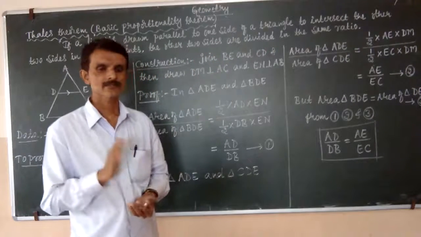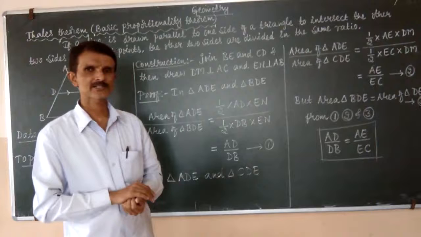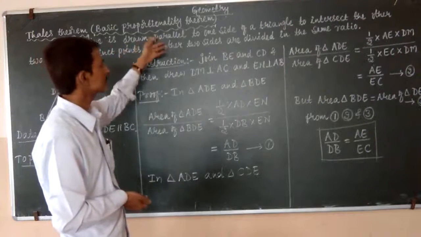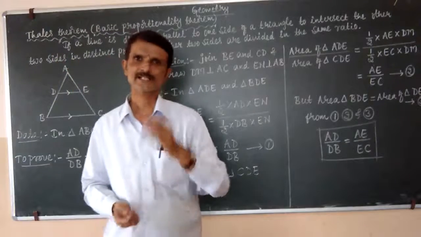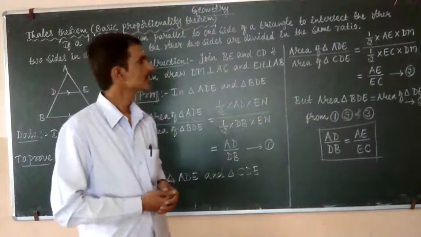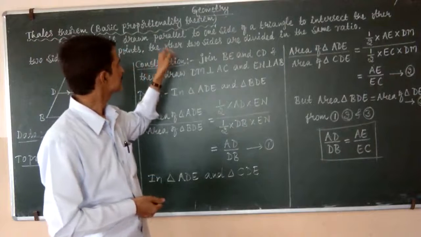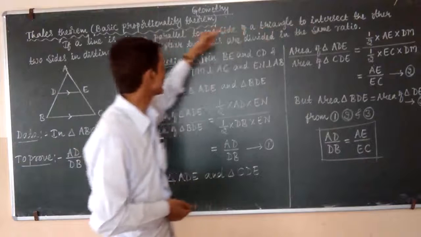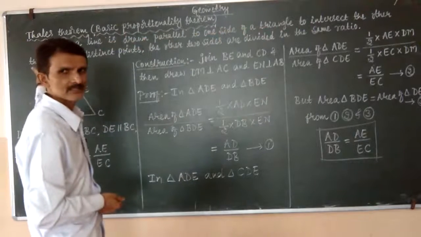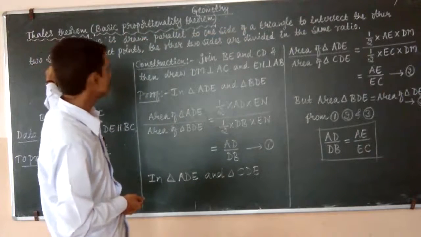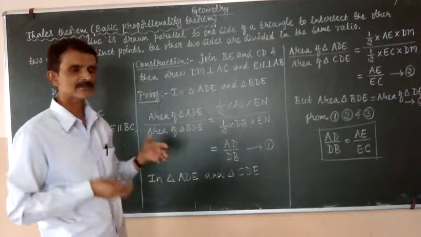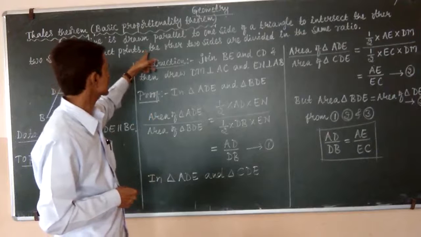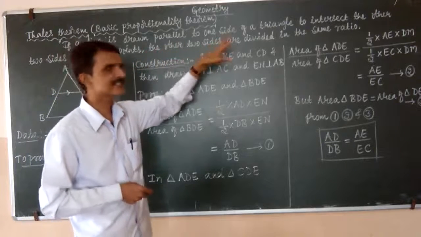First, we have to understand the statement. Here a line is drawn parallel to one side of a triangle. That line intersects the other two sides in distinct points, that means in different points, such that the other two sides are divided in the same ratio.